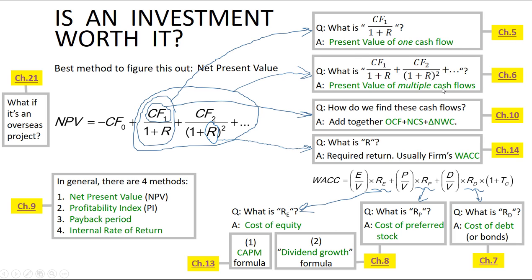Chapter 5, Chapter 6 on multiple cash flows, Chapter 7 on bonds or debt, Chapter 8 on stocks, Chapter 9 on different methods to figure out if a project is profitable, Chapter 10 specifically on how we get the cash flows for a project, Chapter 13 on stocks, in particular what stock return is determined by, Chapter 14 on weighted average cost of capital of a firm, which can be often used as the discount rate for a new project if we use the net present value technique.